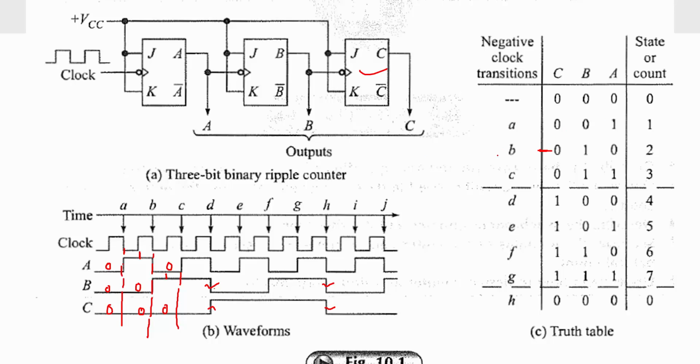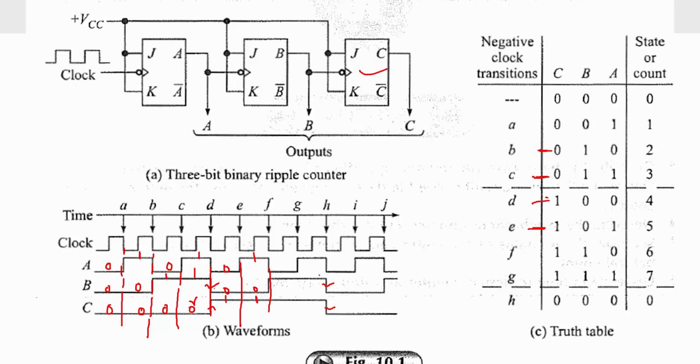This one is 2. And in the next clock pulse, 0, 1, 1, the next binary pattern. Next, here, this is 1, 0, 0. This one is equal to 4. And in the next clock pulse, this is 1, 0, 1.